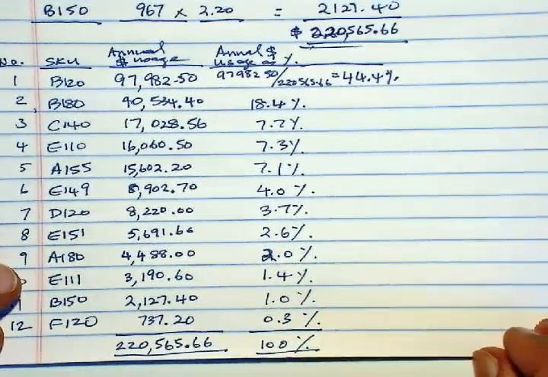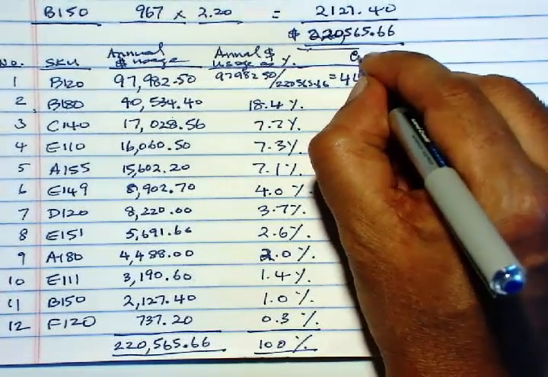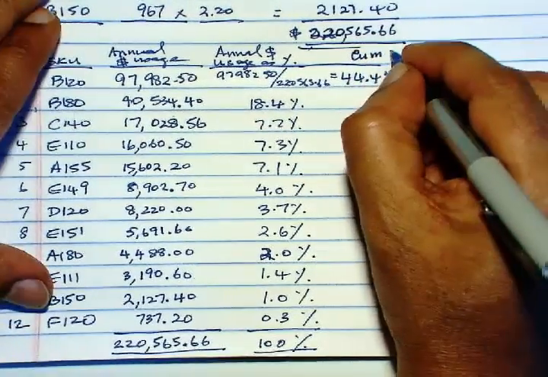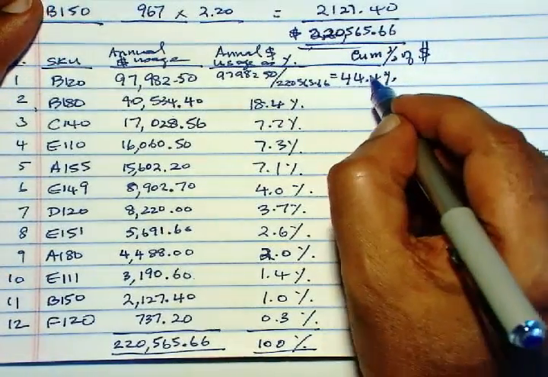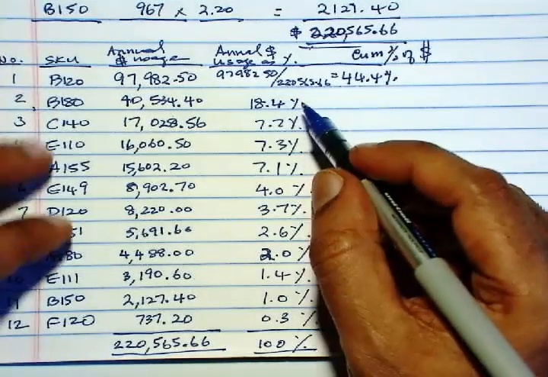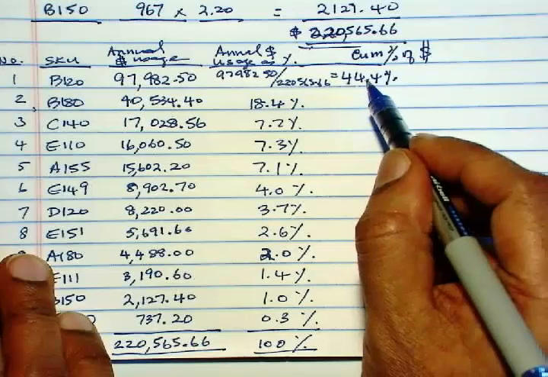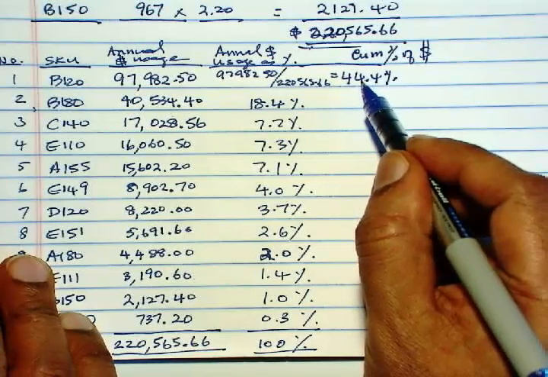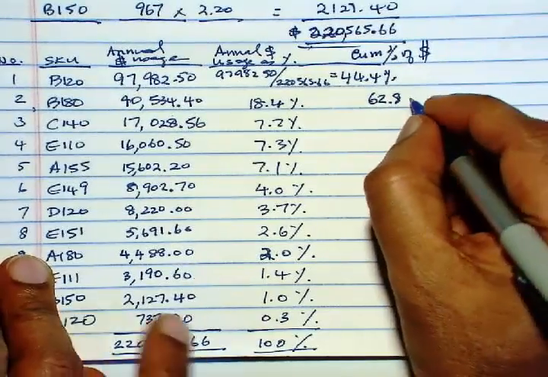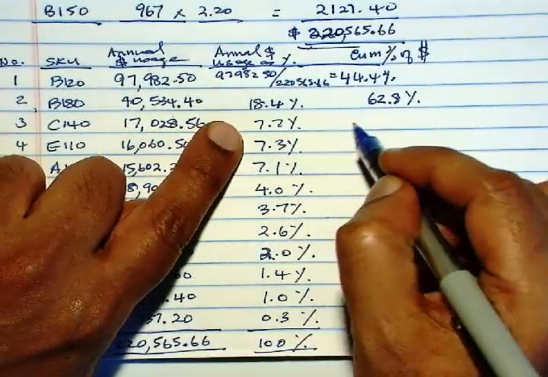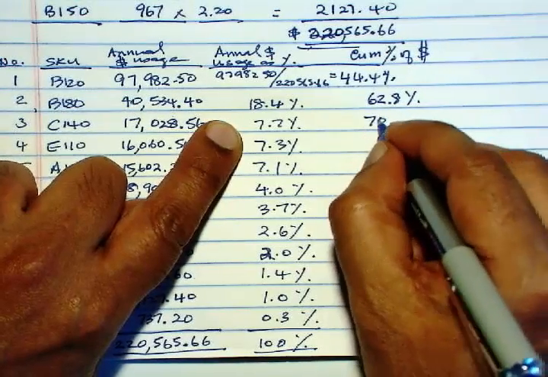Then we have to set up cumulative percentage of annual dollar usage. So we start with 44.4 and then you add to that 44.4, you add 18.4. Okay, when you do that, you get 62.8%. And then they add the next one in to 62.8, you get 70.5%.